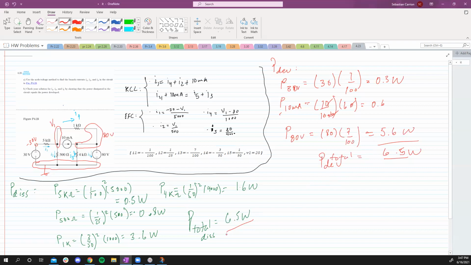Okay, so yeah, we see that these two equal each other. Our values of I1 and I2 are actually going in the opposite direction than what is shown, and I3 stays the same. And yeah, that's the solution for 4.23.